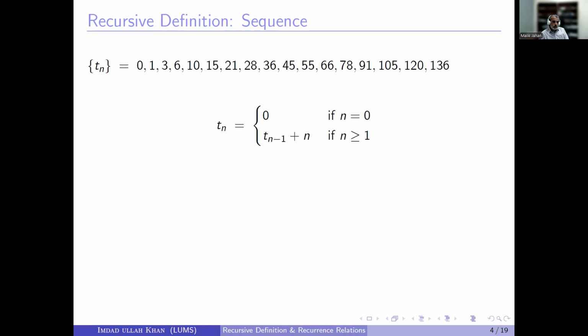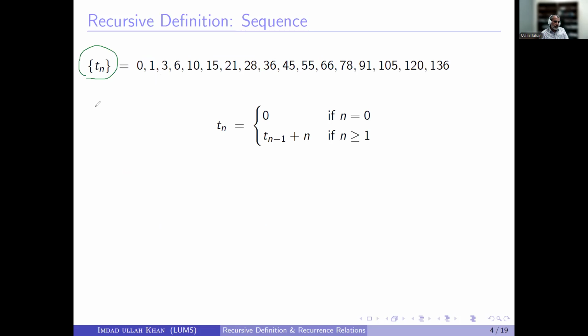Here is another sequence. If you recall our fundamental concepts of sequences and sums, we used the term Tn to notate triangular numbers. Essentially, triangular numbers are the number of balls we can fit in a perfect triangle.